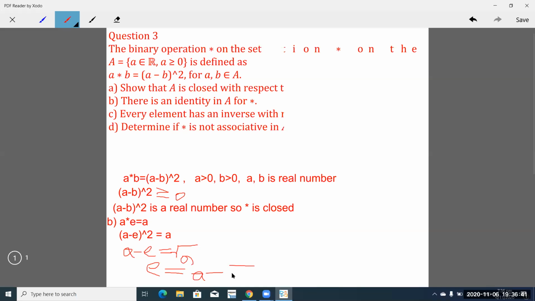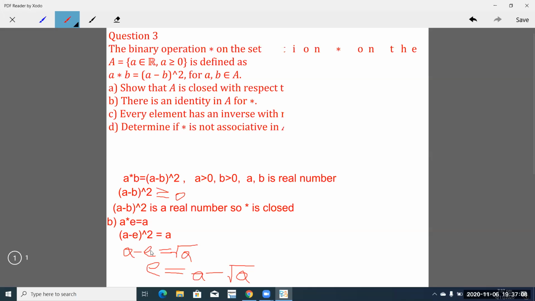Can you see that? Yes, sir. Wouldn't root A be negative? Yes, root A is negative, because what I did was I bring over the minus E to this side, and then I bring over the root A to the other side.